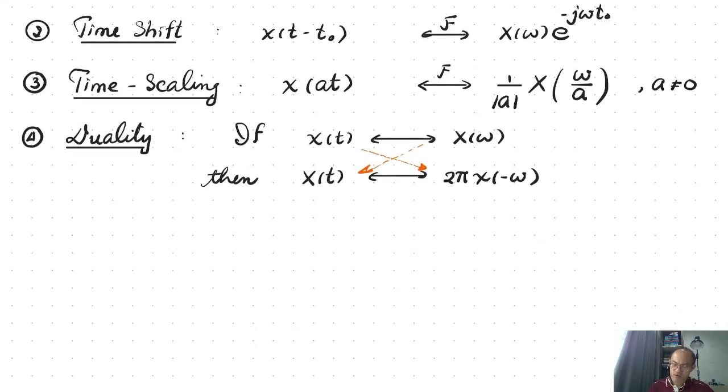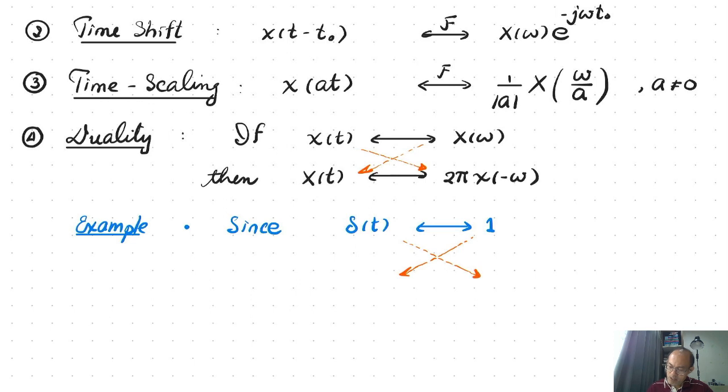Now this is very useful. For example, an example of how to use duality: since we know that delta has a Fourier transform of 1, then if we move 1 across to the left and delta across to the right, we're going to get 1 as x of t has Fourier transform of 2 pi delta of minus omega.